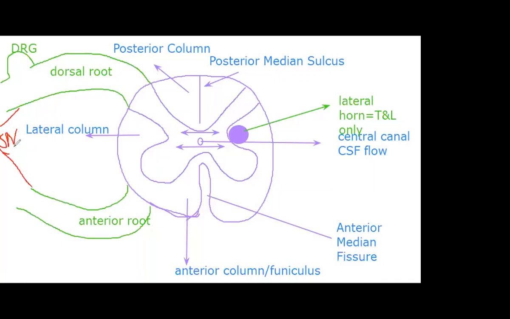So from the spinal nerve, it's then going to split again. I'm going to do a little drawing over here, and see if I can make it a little bit smaller as I try a new representation. Dorsal root, anterior root. They come together.